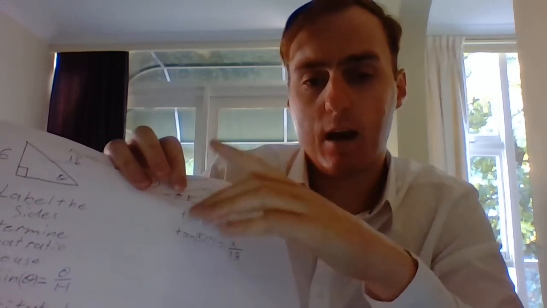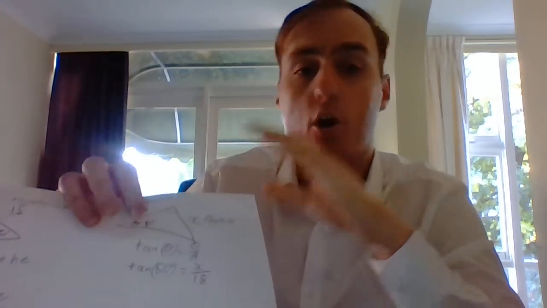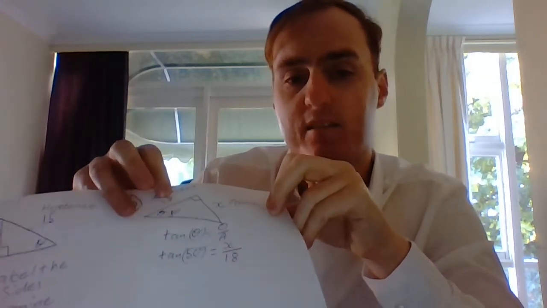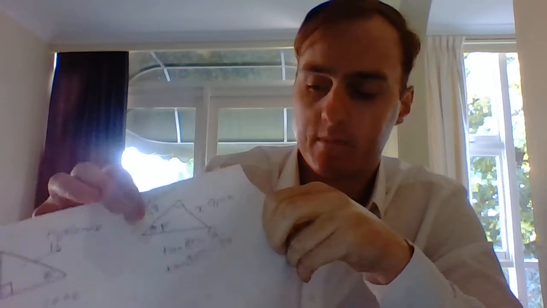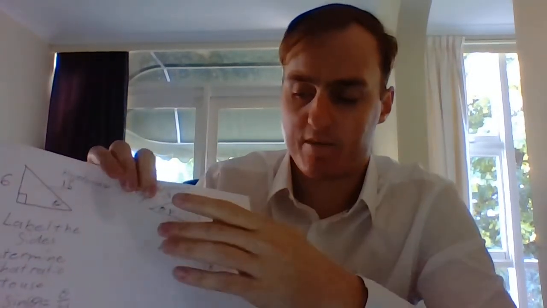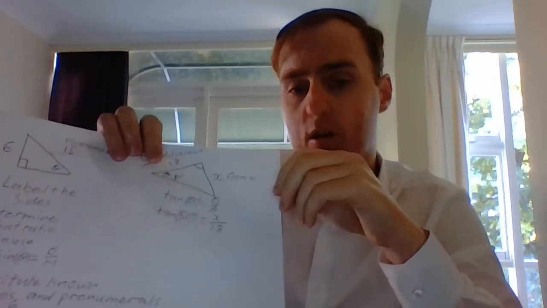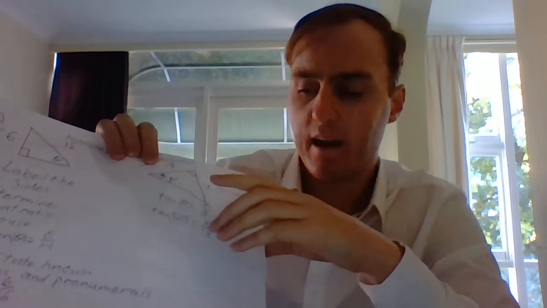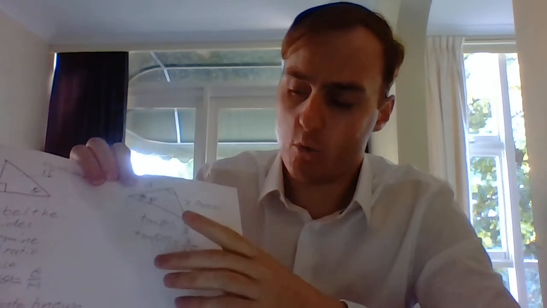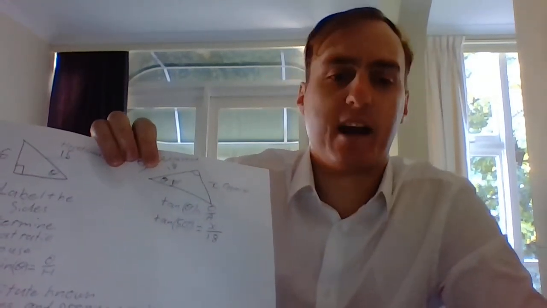Now, our hypotenuse, opposite the right angle, hasn't been given a value, so we know not to use this. So that leaves us our opposite and our adjacent, which I've labelled here. The ratio that uses opposite and adjacent is tan of theta. So we'll write down tan of theta equals O over A, and then substitute in our values, or in this case pronumerals, which gives us tan of 50 degrees equals x divided by 18.